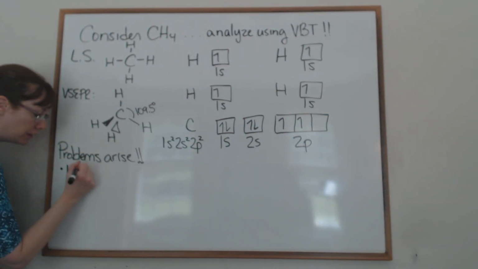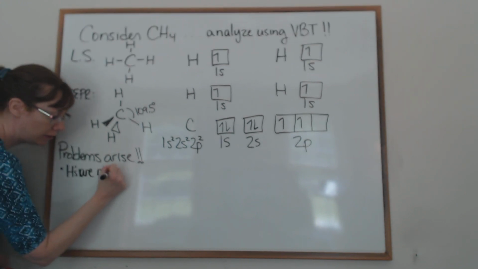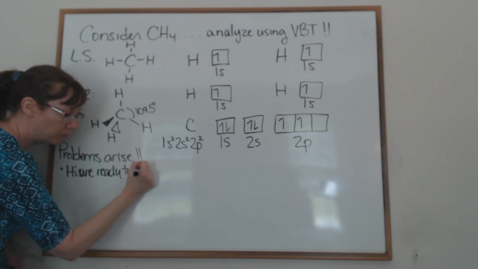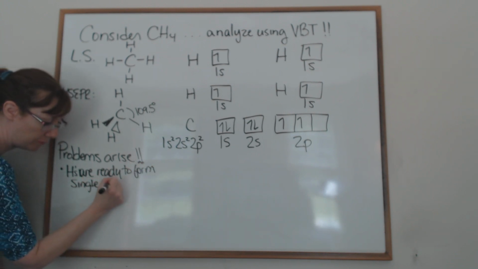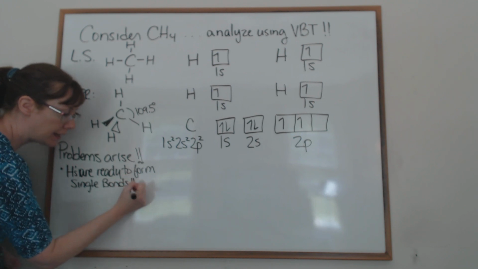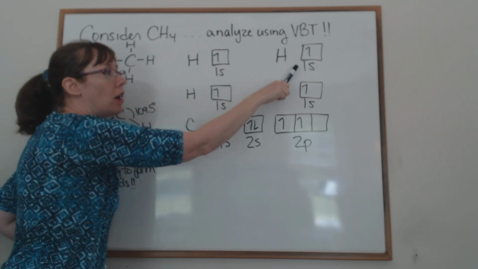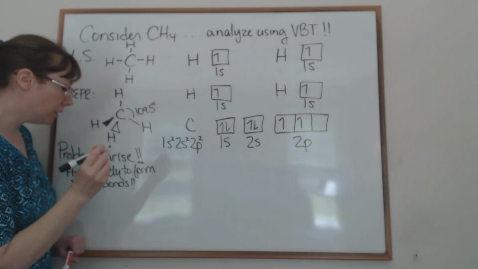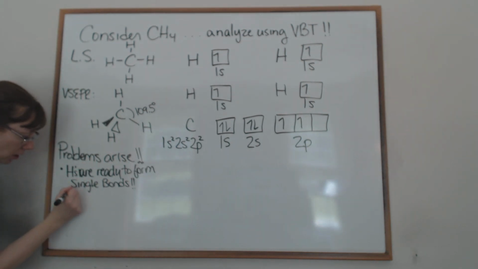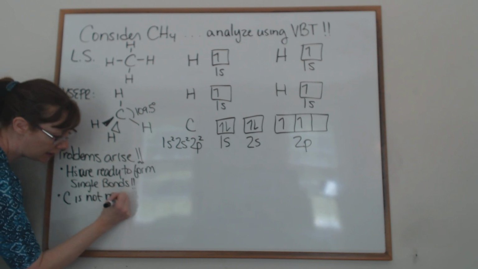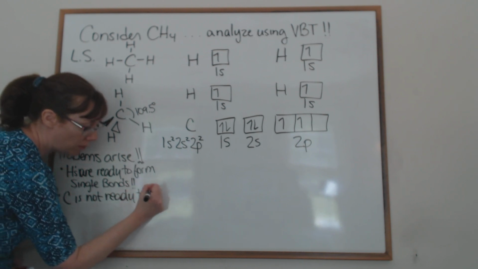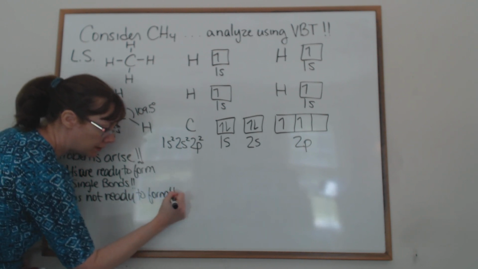The hydrogens are ready to form single bonds. As I said before, hydrogen's ready to go. But what you will notice is that carbon is not ready to form 4 bonds.